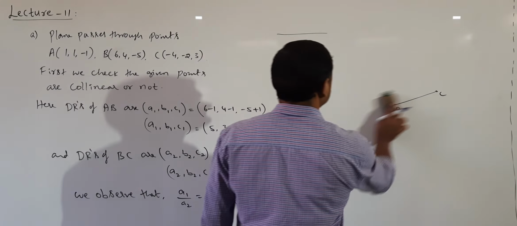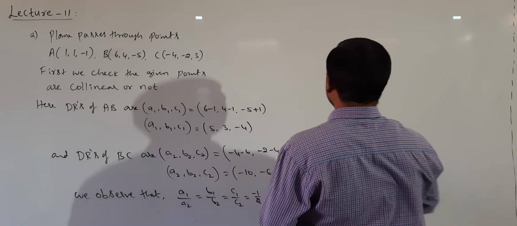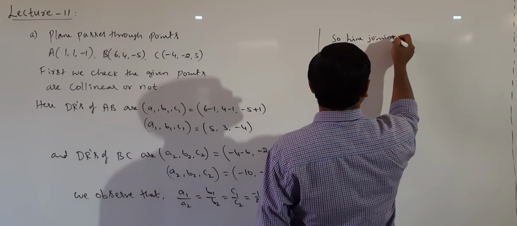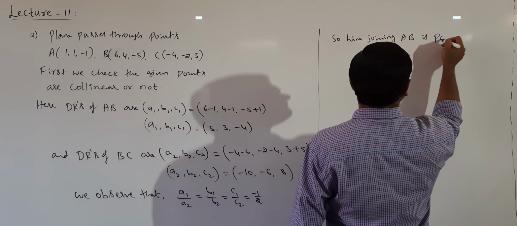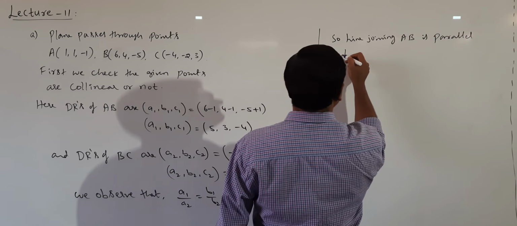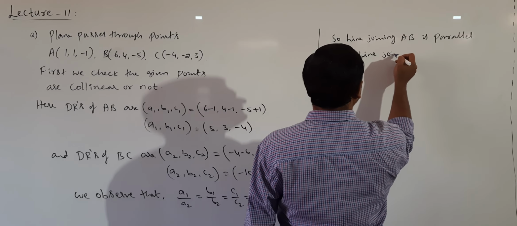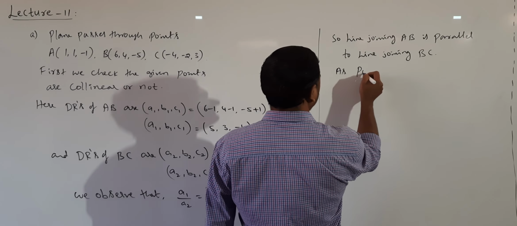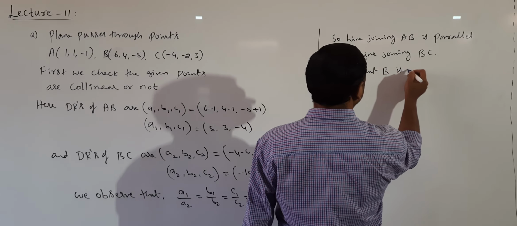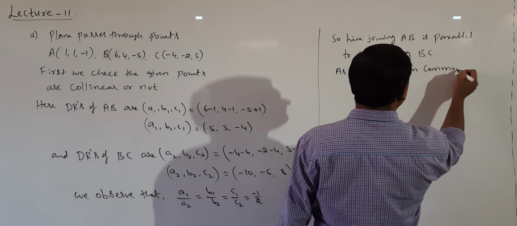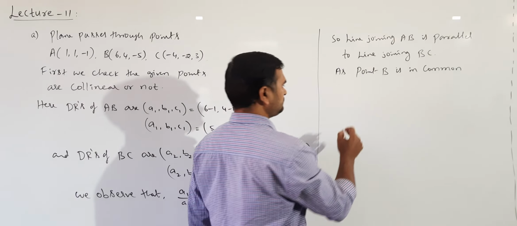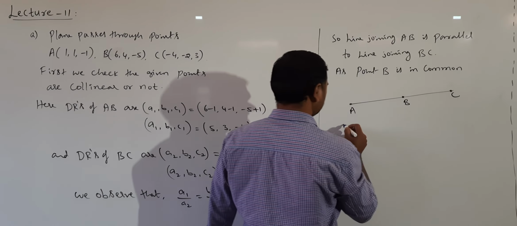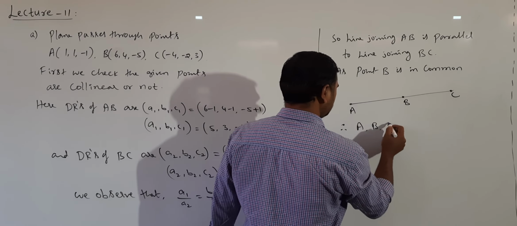So the line joining AB is parallel to the line joining BC, as point B is in common. So ABC are collinear.